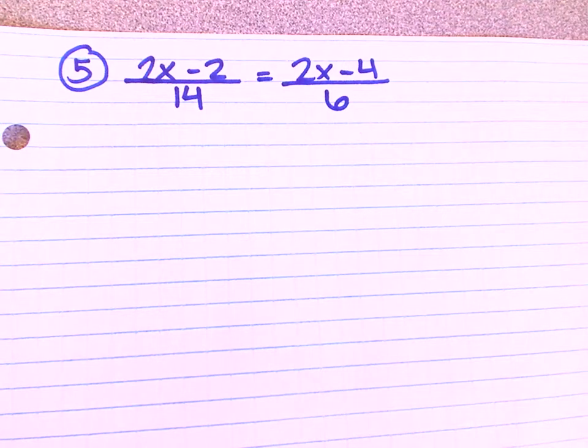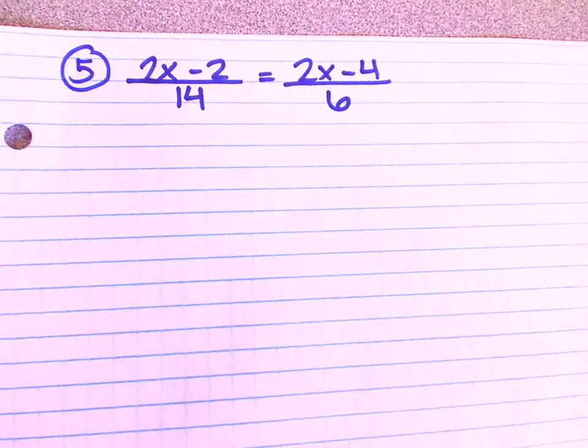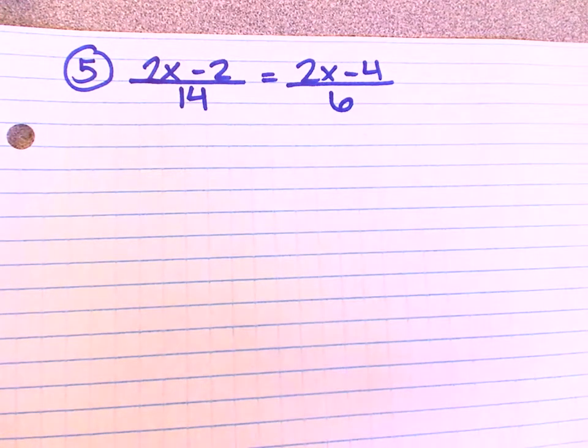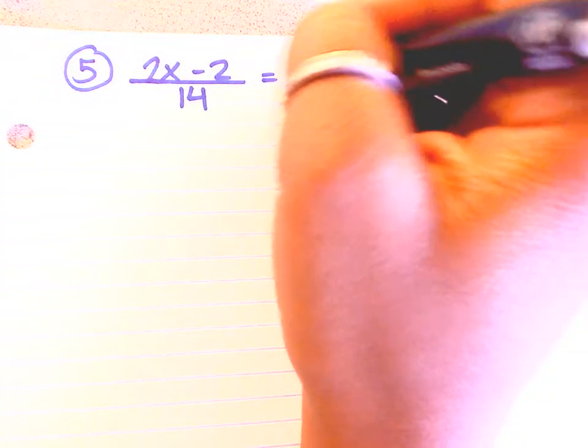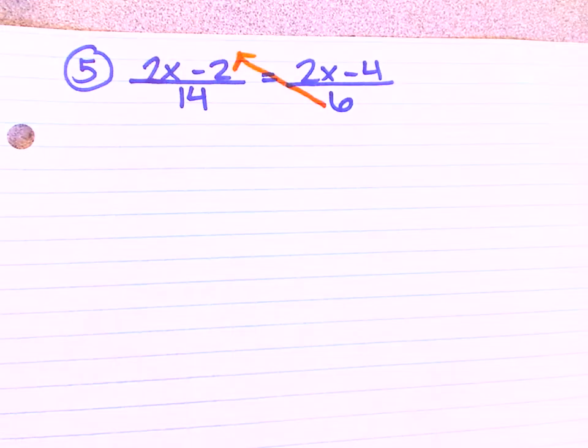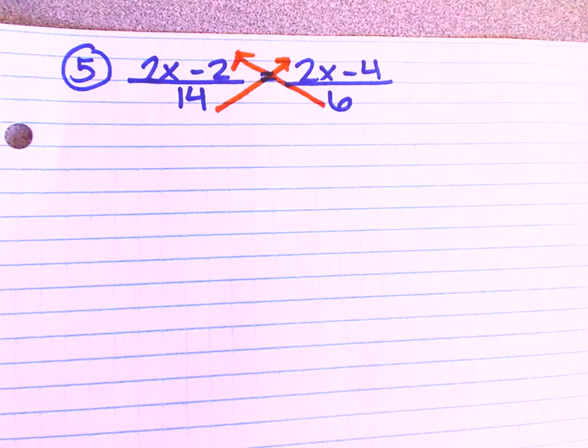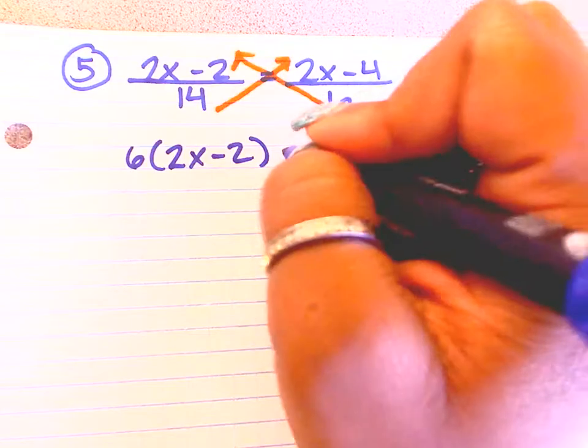So that's going to be a double distributor. I can already see it. So cross multiply first. So you're going to multiply 6 times 2x minus 2. I'm going to multiply 14 times 2x minus 4. So go ahead and rewrite it. 6 times the quantity of 2x minus 2. Keep writing.